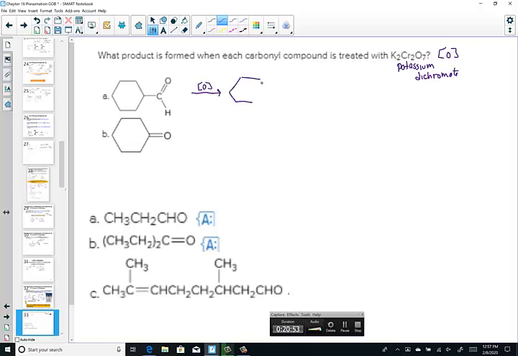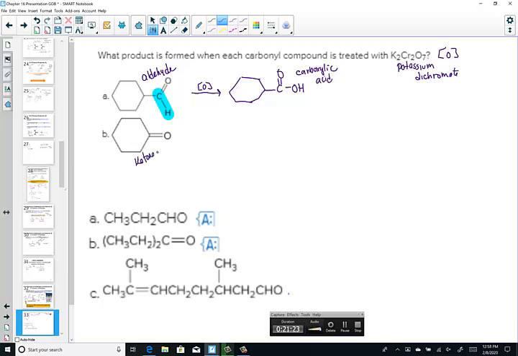So here's my 6-membered ring. The carboxylic acid that forms will look like this. An aldehyde, which is this functional group, turns into a carboxylic acid because the criteria is met for oxidation. It has a CH bond. It must have a CH bond to be oxidized.